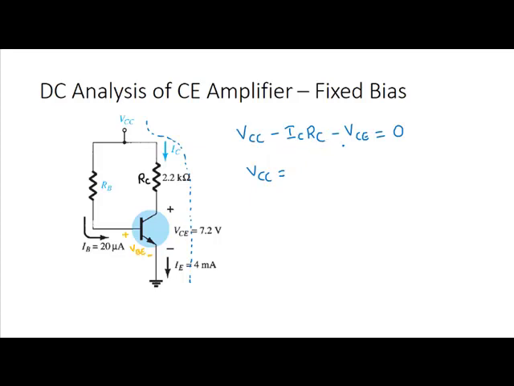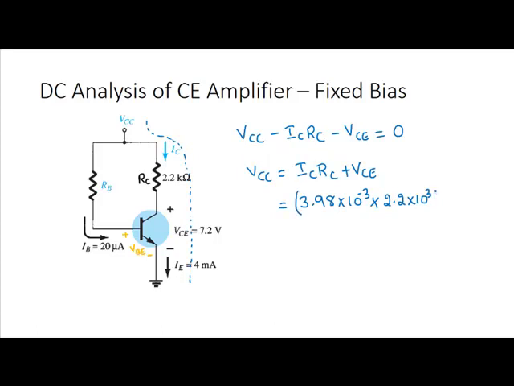So my job is to calculate what is VCC. So I'll transfer these two terms to the right hand side. So it becomes ICRC plus VCE. So IC value we calculated in the previous step. It is 3.98 milliampere times RC is given 2.2 kilo ohm.